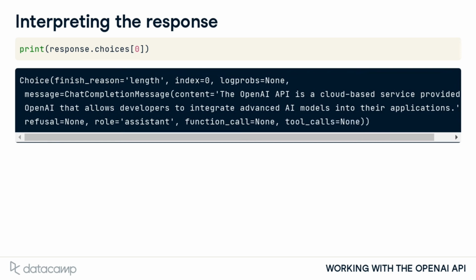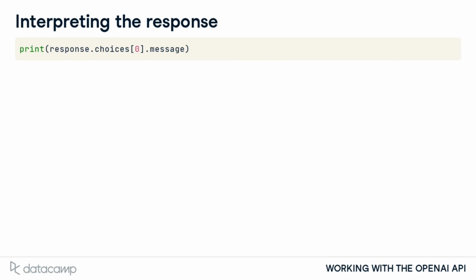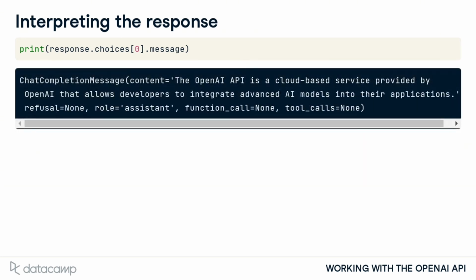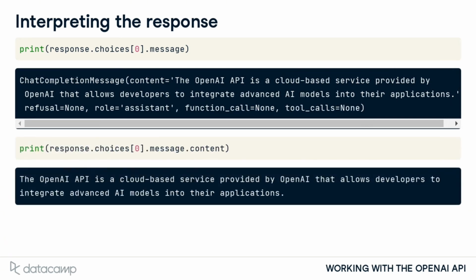The message is located underneath the message attribute, which we can chain to our existing code. Almost there. Finally, we need to access the chat completion message's content attribute. There we have it. Our model response is a string. We started off with a complex object, but by taking it one attribute at a time, we were able to get to the result.